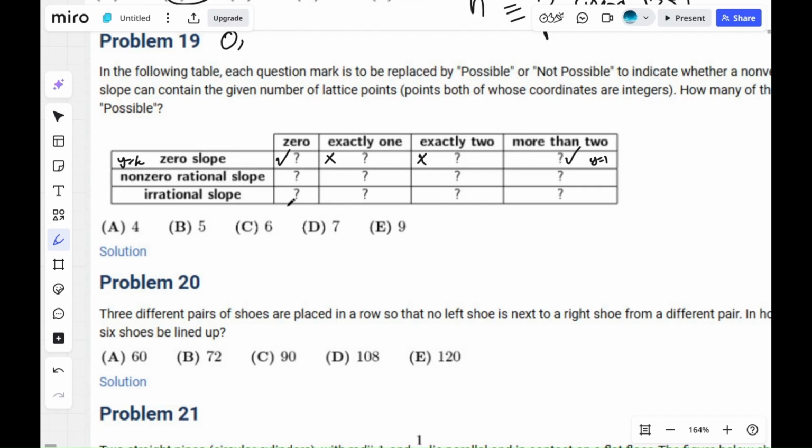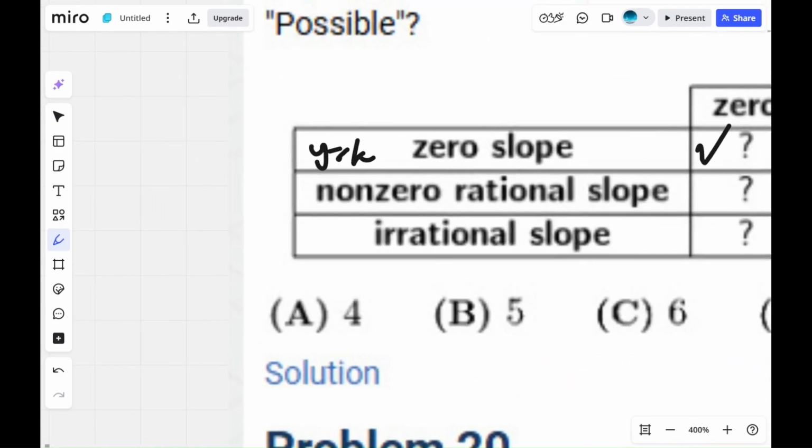So for the next one, non-zero rational slope. Let's say that the line has slope like p over q, for example, and I'm going to write that over here. So y is equal to p over q x plus k.